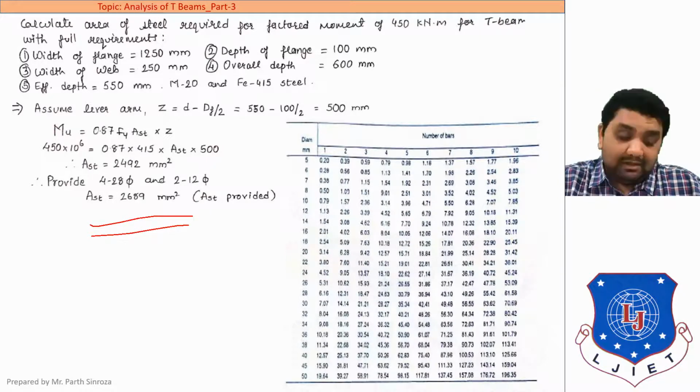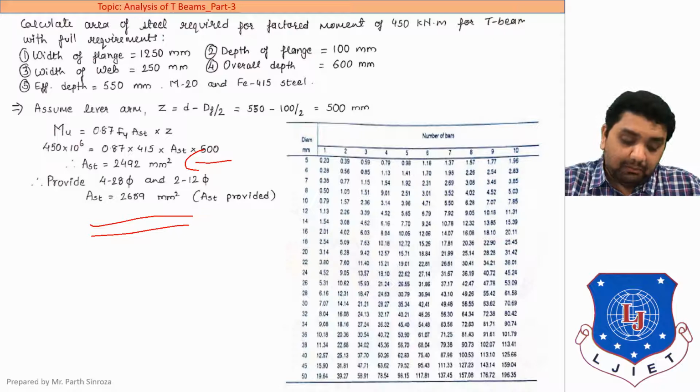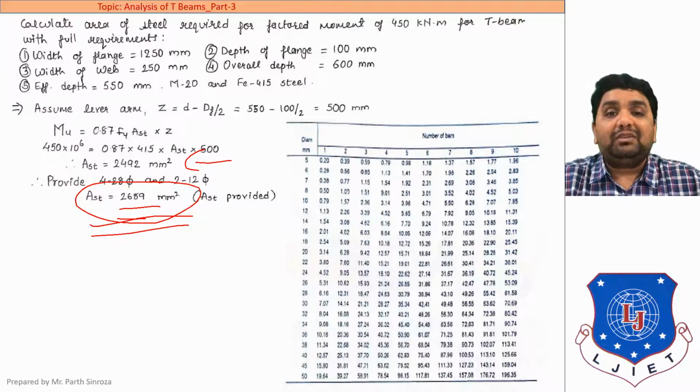Keep in mind, AST required is just a base to see what number of bars and what amount of steel you are providing. While solving further, we will always use the AST value that you have provided. It must be greater than AST required. It can vary up to the student, what diameter and number of bars you take, but whichever value you provide, you must use the same value in the next steps.